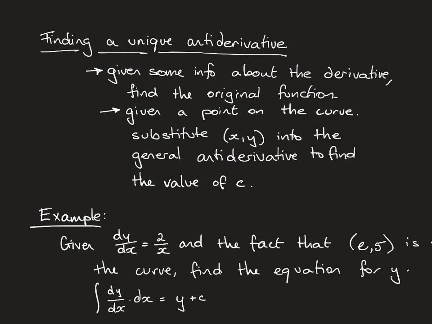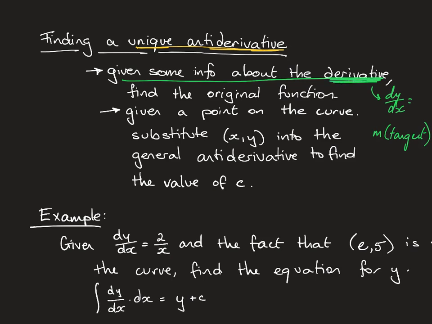And our final example takes all of the techniques that we've learned and adds on the extra component of actually finding a unique derivative. And generally these questions all follow the same sort of pattern, and you've done these before with antiderivatives. So given some information about the derivative, they might give you dy dx equals, they might say the gradient of the tangent, they might say something about the gradient function, but they'll give you some information about the derivative of the original function.